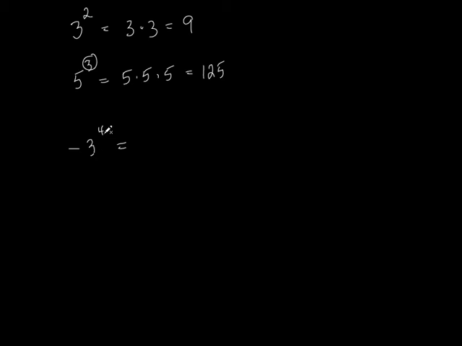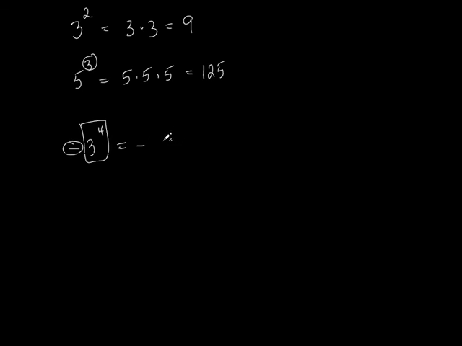Just the 3 is being taken to the 4th power, not the negative. So that negative, I always say it's kind of floating out in front, all right? So we just stick that number out in front. So really, all we're doing is taking 3 to the 4th power and sticking a negative out in front, all right? So when you don't have any parentheses, you just keep the negative there, and then you just work this thing right here, 3 to the 4th.